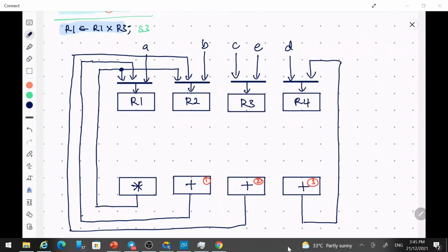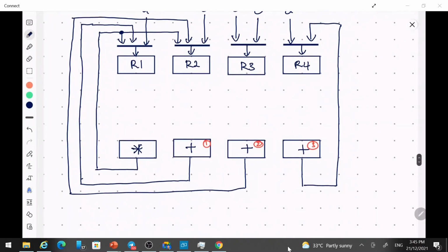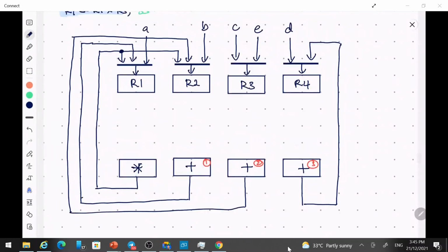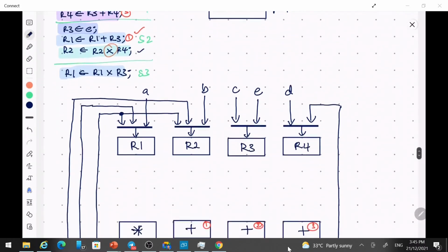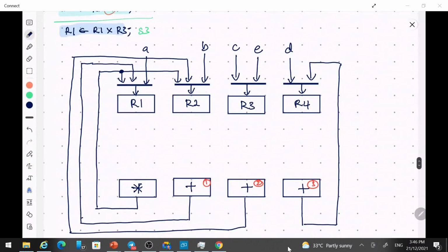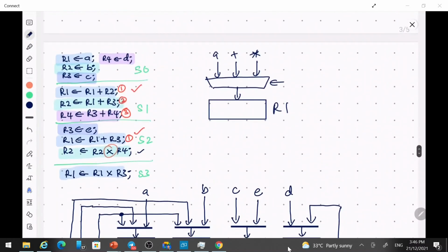Now what about the multiplier and the adders that we have? We need to go back to our RTL code again. For example, the multiplier here. What are the inputs to the multiplier? First we need to look at this.